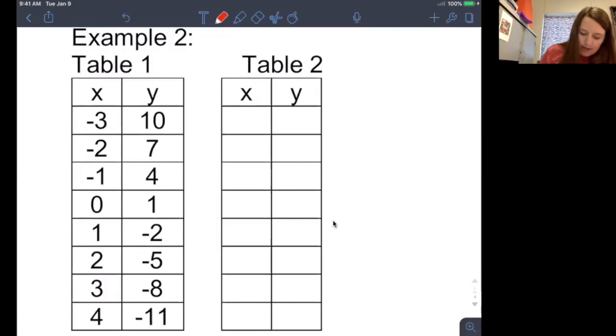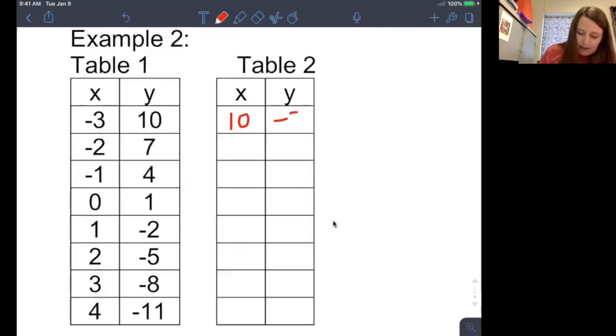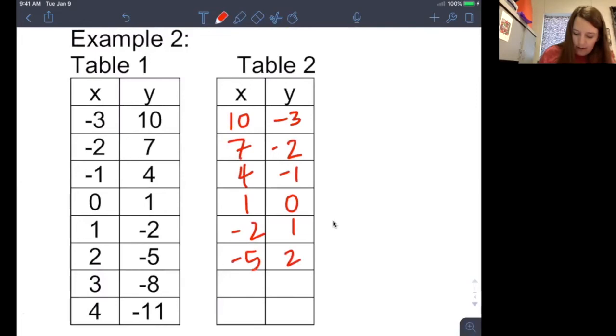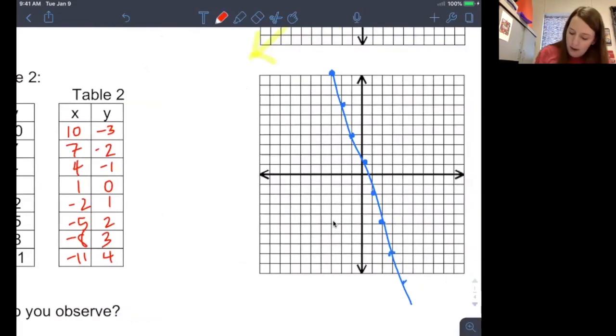So here I have 10, -3, 7, -2, 4, -1, 1, 0, -2, 1, -5, 2, -8, 3, and -11, 4. So I'm going to plot those points on my grid in red.